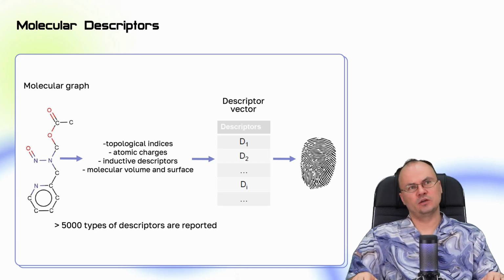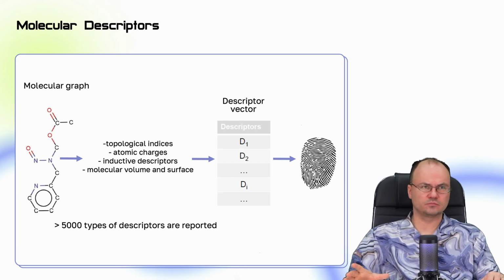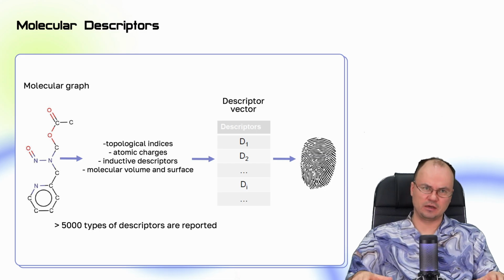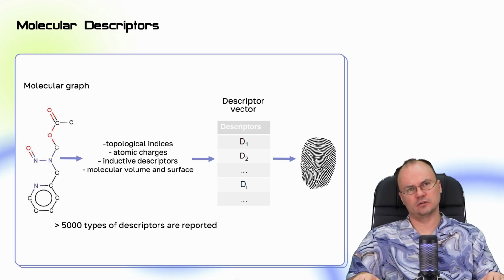Today, we have approximately 5,000 types of different descriptors. Some are classical descriptors, such as molecular weight. Others are more advanced or more unique, or they are still in a development phase.